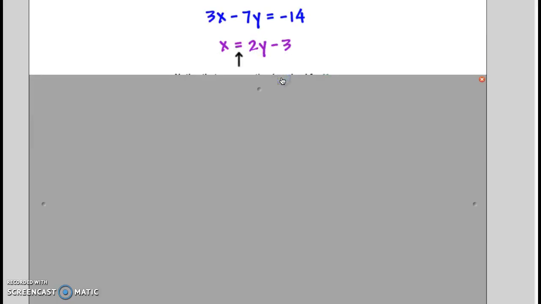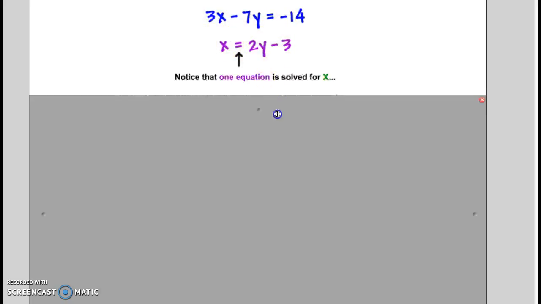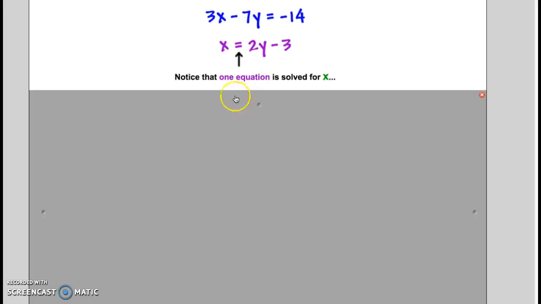Well, here's another one. All right, and the first equation, once again, is written in standard form. This next equation is just linear because x and y are raised to the first power, but it's not written in any particular form.